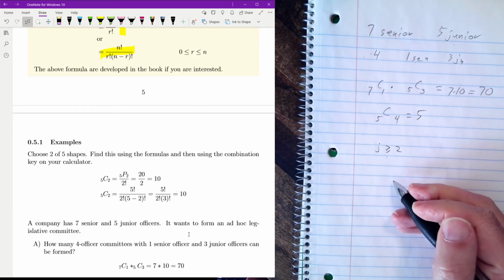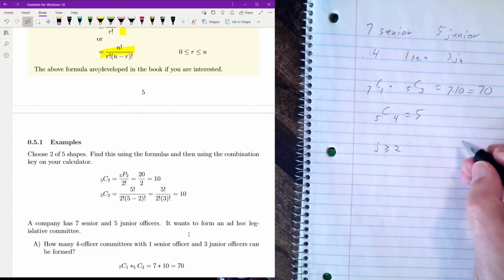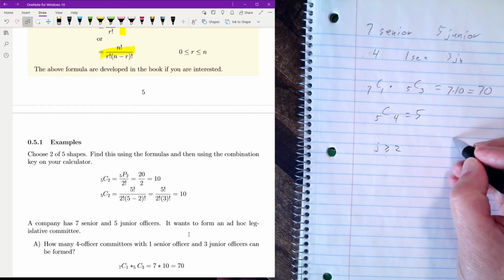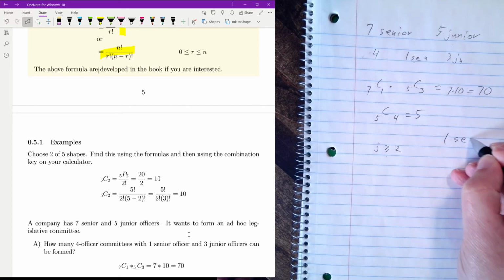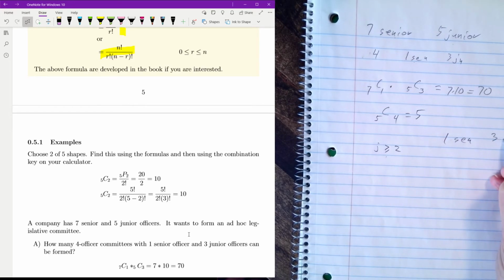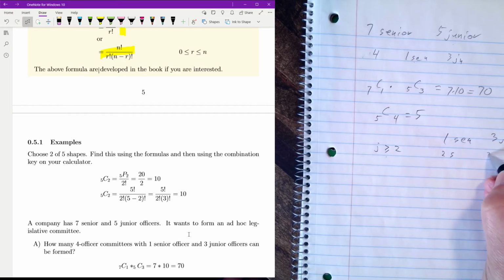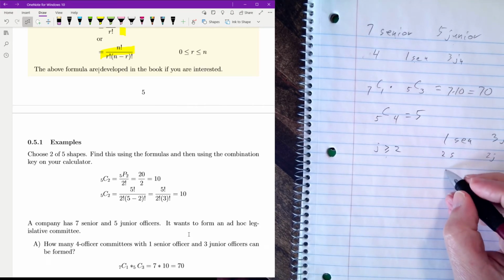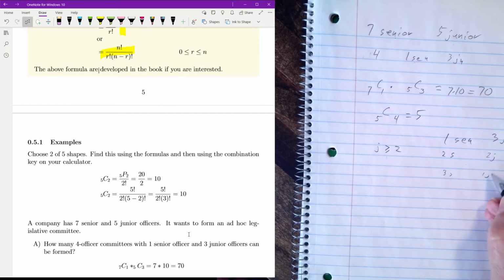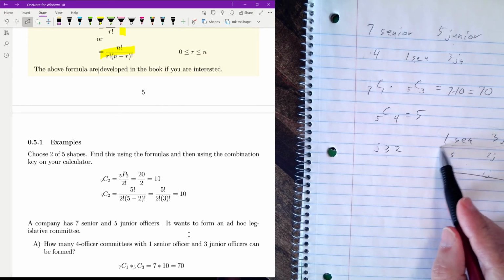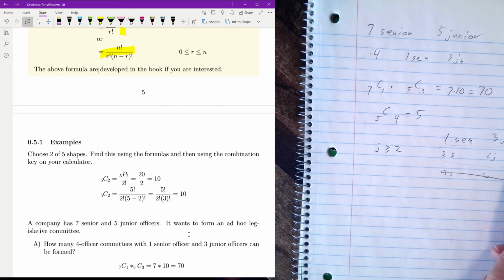So that means we can do a committee that has, and this is a 4-officer committee, 1 senior and 3 junior, or 2 senior and 2 junior. Those are our 2 possibilities, because when we go to the next one, we have 3 senior and 1 junior. This is not okay. So this is one set of combinations, this is another set of combinations, and these get added together.